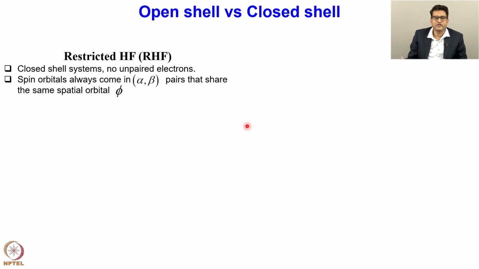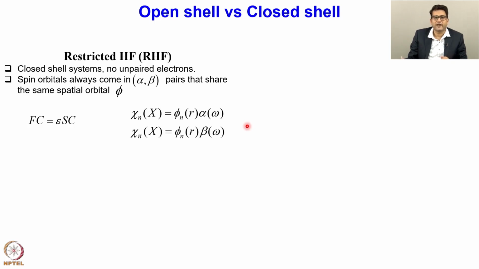Now, if I want to look into the mathematical picture of what goes on, in the case of restricted Hartree-Fock there are closed shell systems, no unpaired electrons, and the spin orbitals always come in alpha and beta pairs that share the same spatial orbital phi. They are obtained from the solution of a single Fock operator, diagonalizing a single Fock operator. That is my pseudo-canonical eigenvalue equation FC equals ESC.